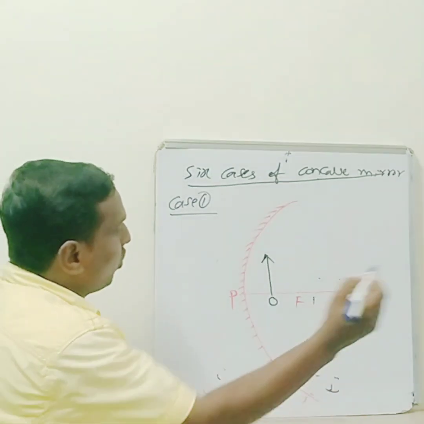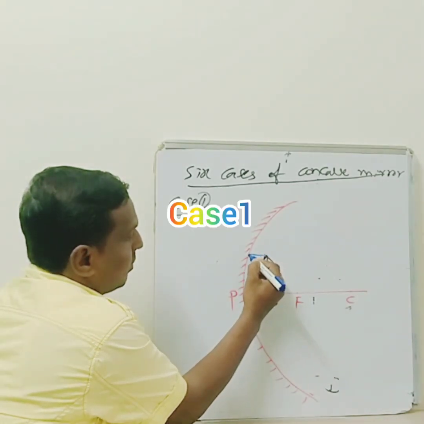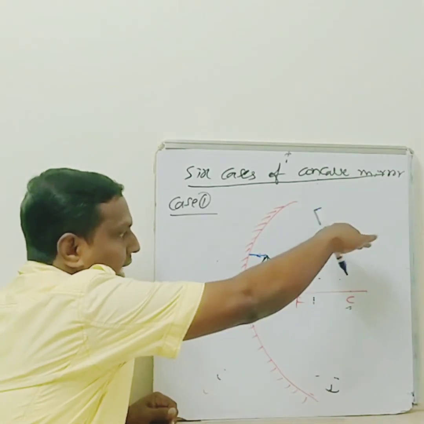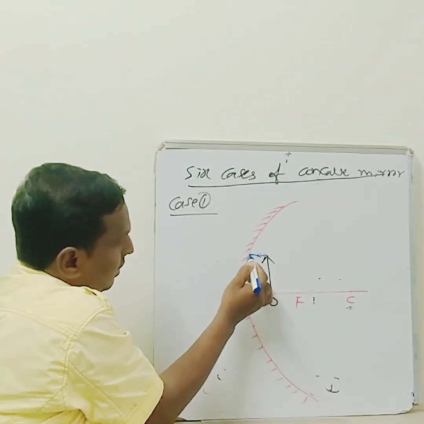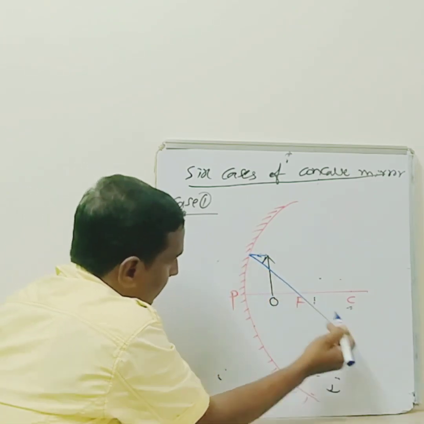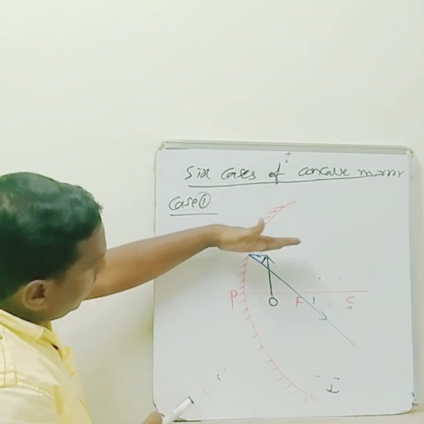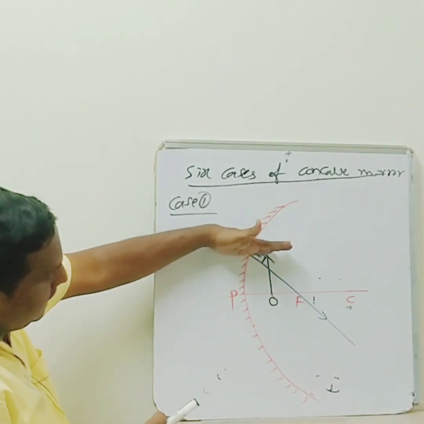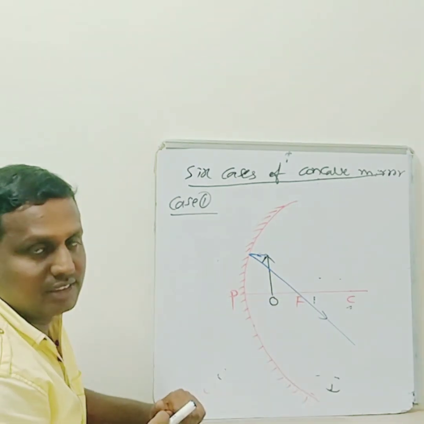Now you take rule 1 first of all. See here. Light is parallel to the principal axis. Then what happens? It travels through the focus. So when the light is traveling parallel to the principal axis, after deflection it passes through the focus. Clear? This is rule 1.